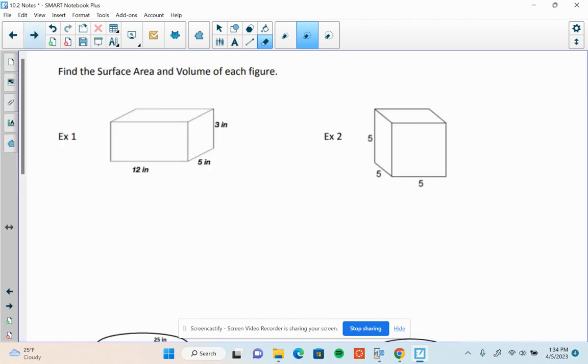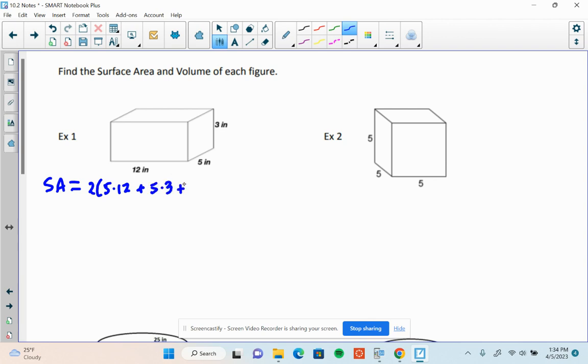Find the surface area and volume of each figure. So here we go. Surface area. I'll use SA for surface area, just like we did on the other side. Assuming that we have a rectangular prism here, the surface area is going to be 2 times, we'll do 5 times 12, plus 5 times 3, plus 3 times 12, or 12 times 3.